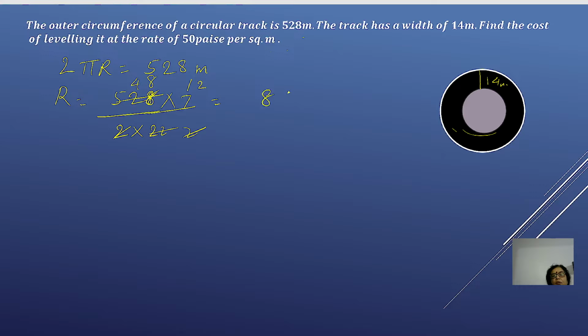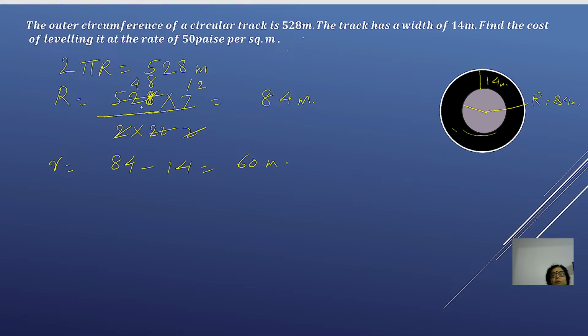This is 84 meter. So the outer radius is equal to 84 meter. And if we remove the width from it, the inner radius r will be equal to 84 minus 14, that is equal to 60 meters.